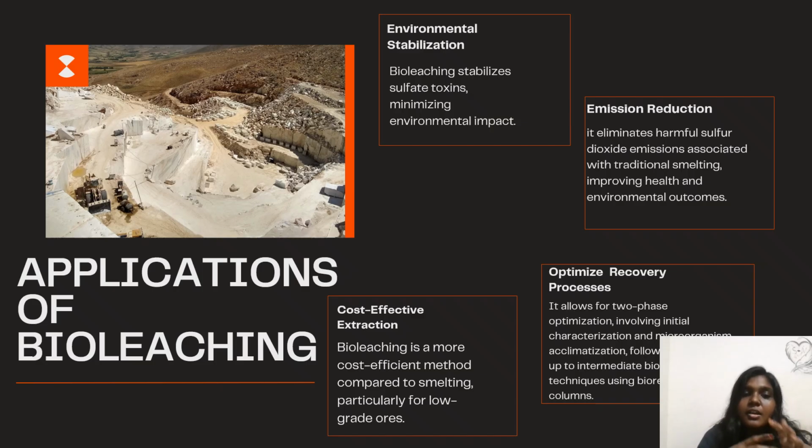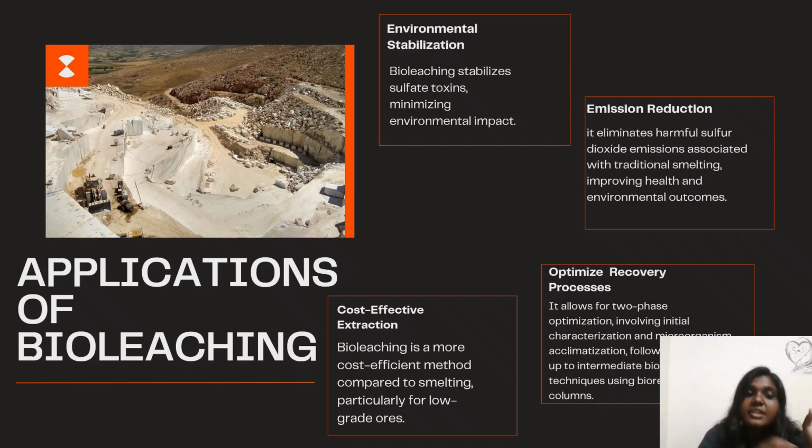So these are the various applications of bioleaching, which also include the recovery of metals and the bio-oxidation of refractory gold ores to improve gold extraction, the extraction of metals from mining waste, tailings or slags, the bioremediation of heavy metal contaminated soils and waters, and the recovery of valuable metals from electronic waste.